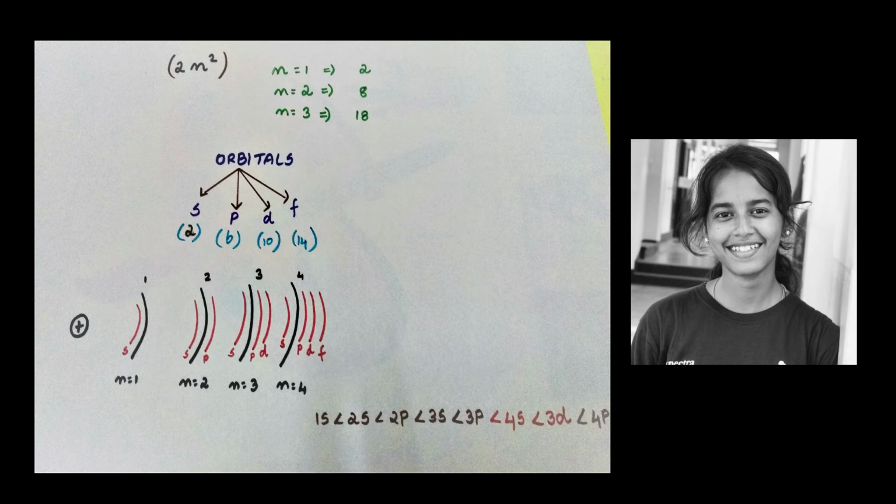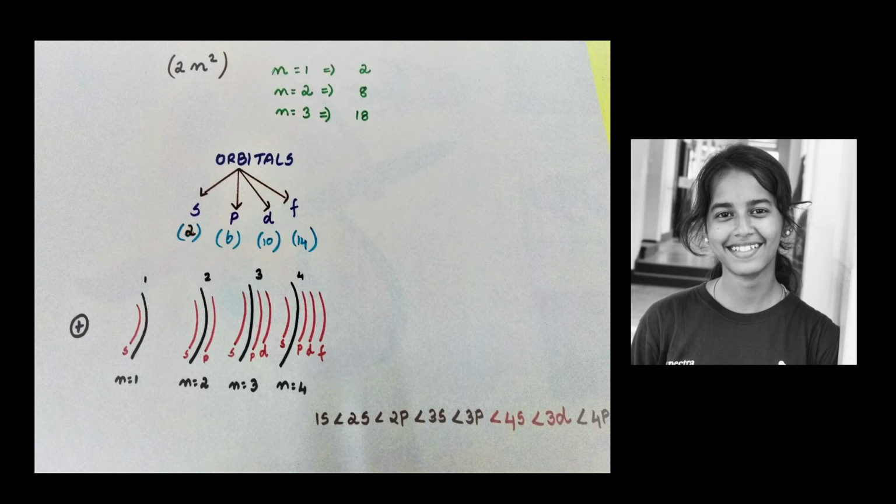The first orbit has 1 suborbit, that is S. The second orbit has 2 subshells, S and P. The third orbit has S, P, D subshells, and the fourth orbit has S, P, D, F subshells. For n equal to 5, 6 and so on, there are no more suborbitals. There are only 4 types, so for n equal to 5, 6 and everything else, they have only the 4 suborbits S, P, D, F.